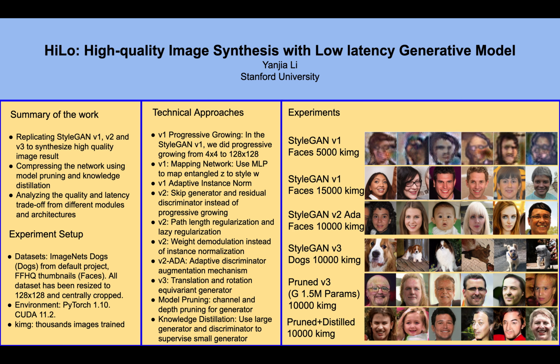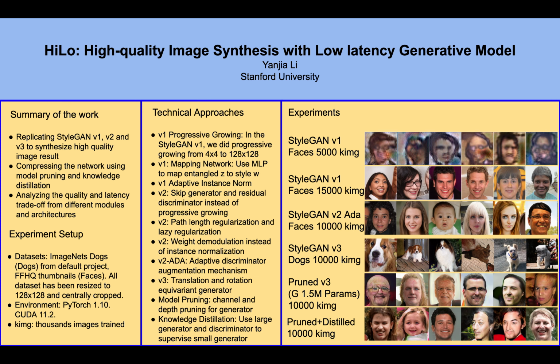So, getting inspired by V2, we added the weight demodulation and removed the original instance normalization. Another thing I realized is that the convergence of StyleGAN V1 is quite slow.